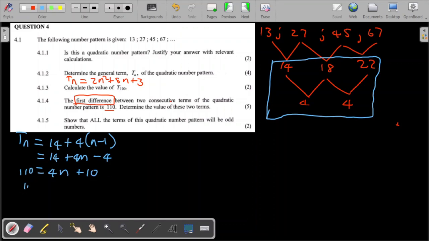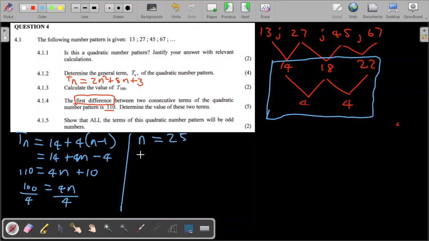Take this one to the other side: 100 minus 10 is 90, 4n equals 90... So n is equal to 25.